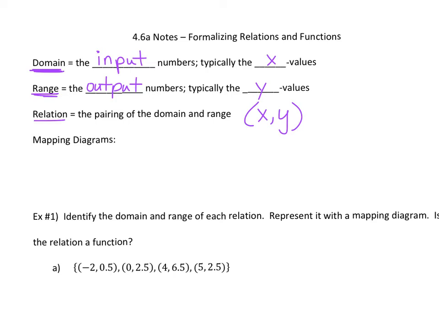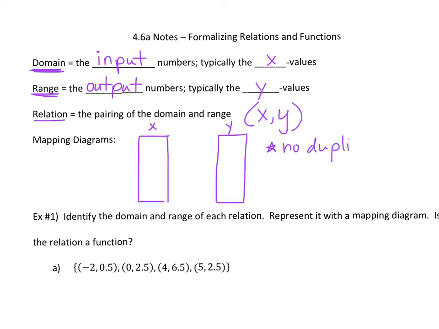Mapping diagrams look like this. You will have a box and another box. And what you'll do is you'll take all of your x values and put them in this box, and you'll put your y values in this box. But the thing to remember, two things. We want no duplicates.